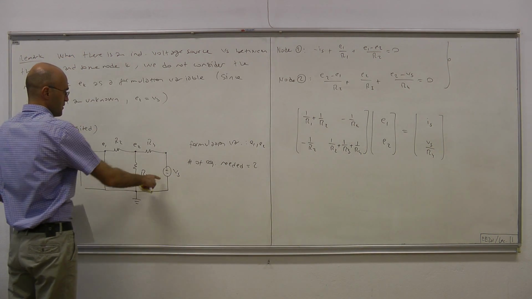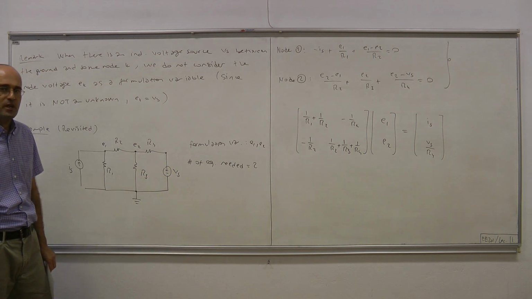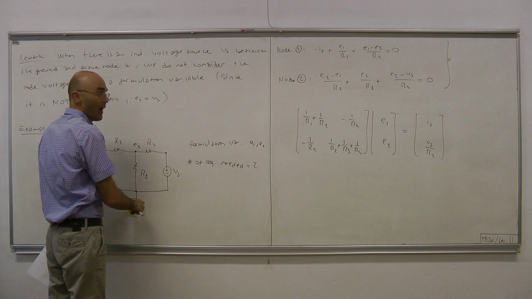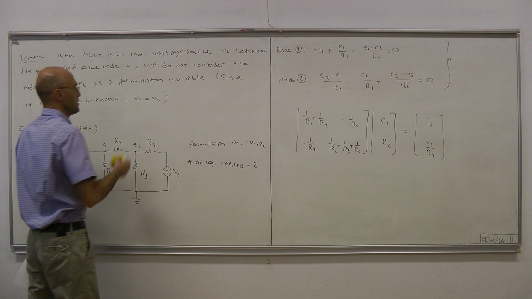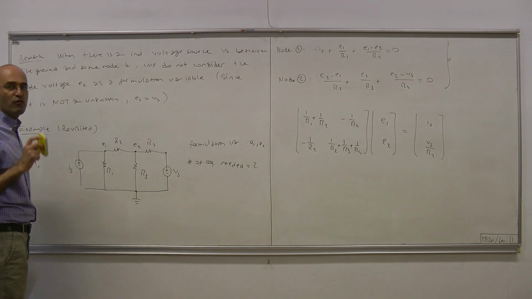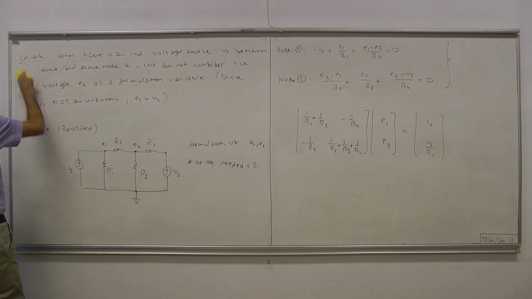Now, sometimes, well, usually, a voltage source doesn't appear between a node and ground node. It appears between 2 non-ground nodes. In that case, the procedure requires a little bit of modification, and now we're going to see how we treat such cases.